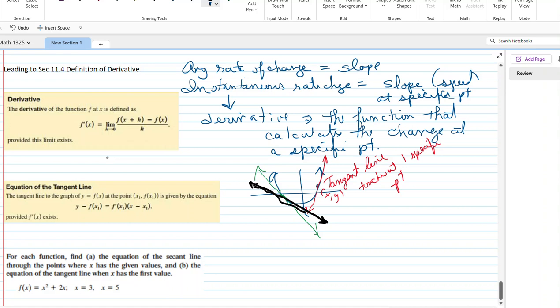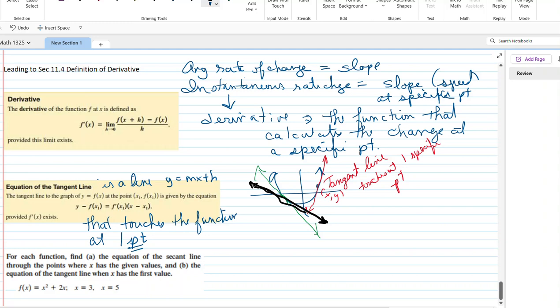So a tangent line, y equals mx plus b, touches the function at one point. One point.